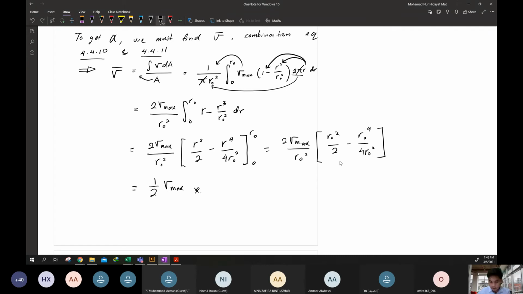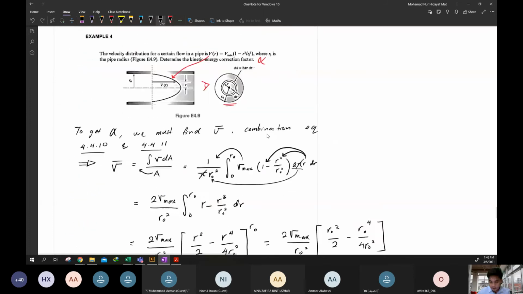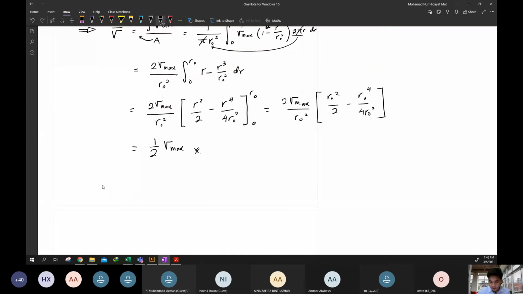Using the equation here, alpha is equal to the integration of v cubed dA over the integration of v average cubed dA. Integrate from 0 to R naught.